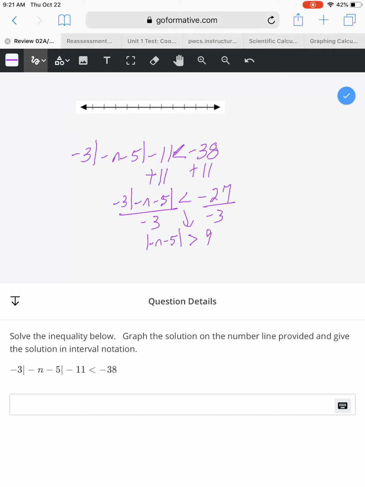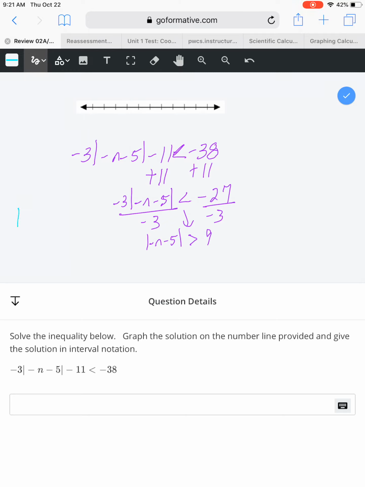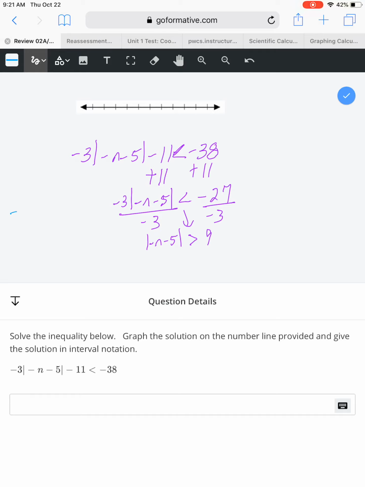So I write this. I solve this twice. There's not a negative on the other side, so I don't really have to worry about it. So this is going to be negative n minus 5 is greater than positive 9, or negative n minus 5 is less than negative 9.